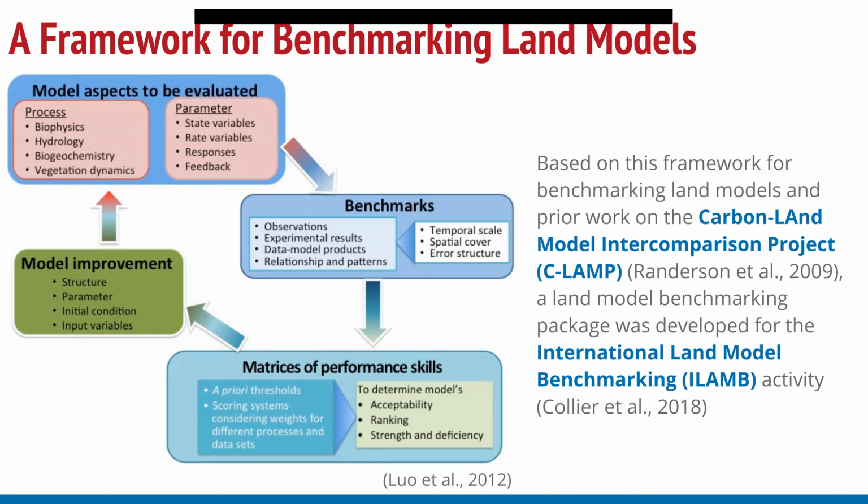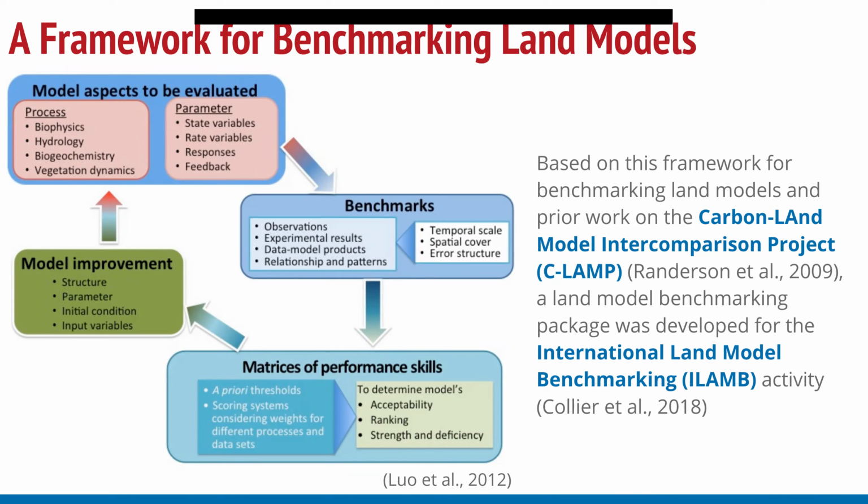And in the third box, we develop matrices of performance skills or tables where we establish a priori thresholds and have a scoring system that considers weights for different processes and data sets. And that helps us determine the model's acceptability, ranking, and strengths and weaknesses.